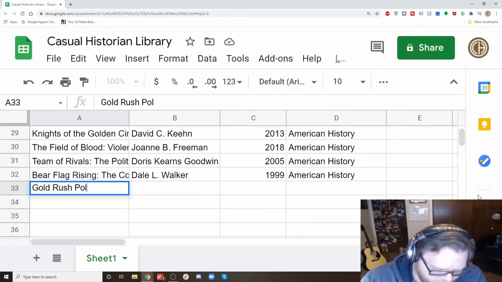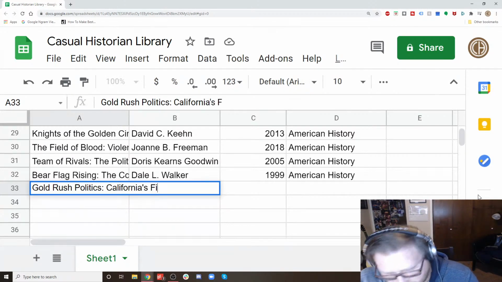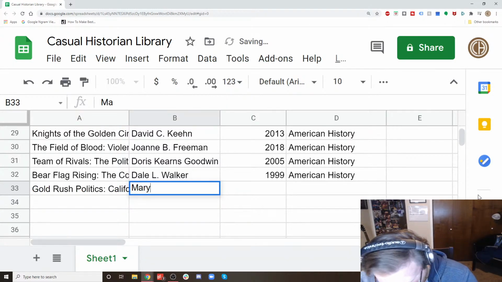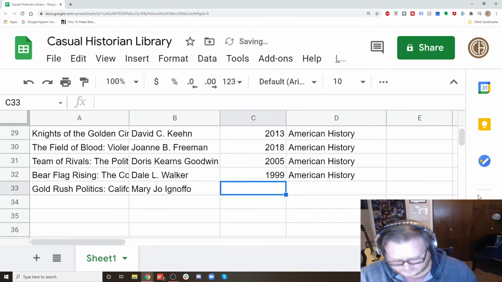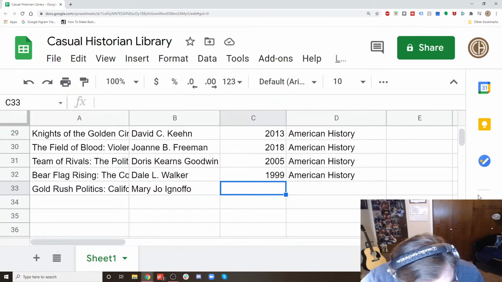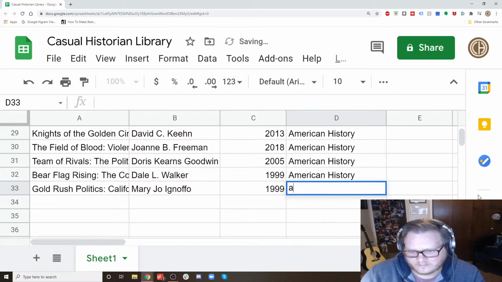Gold Rush Politics, California's First Legislature, by Mary Jo Ignofo. Copyright 1999. American history.